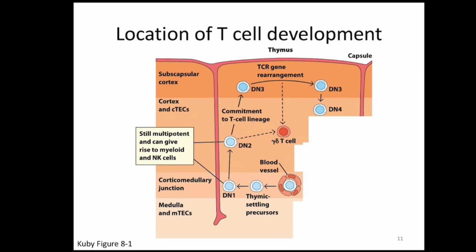And at some point, it's better to become a gamma delta than to be a beta and die because you can't make an alpha. So even if you make a successful beta, if you stay as a pre-T cell and never get a successful alpha, you can still end up going down the gamma delta route.